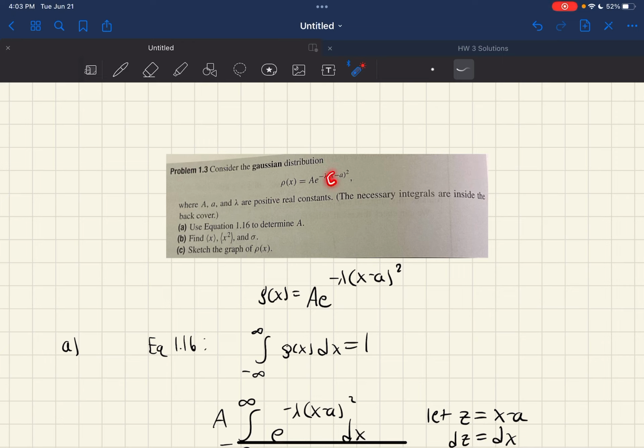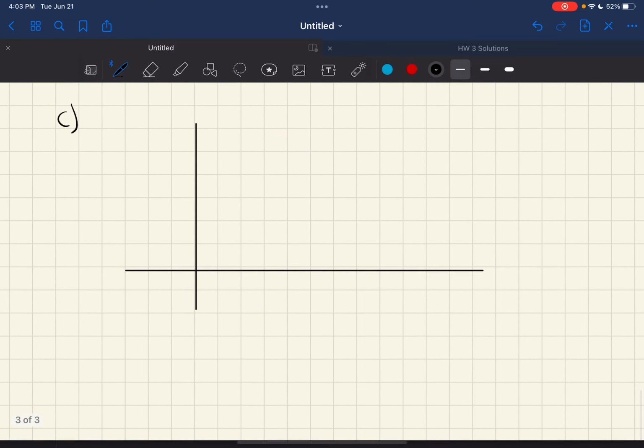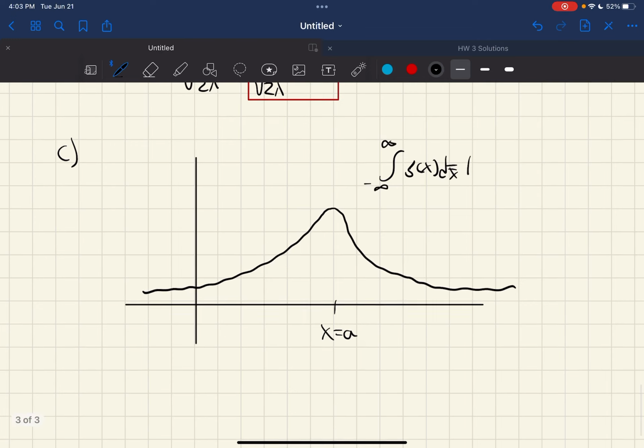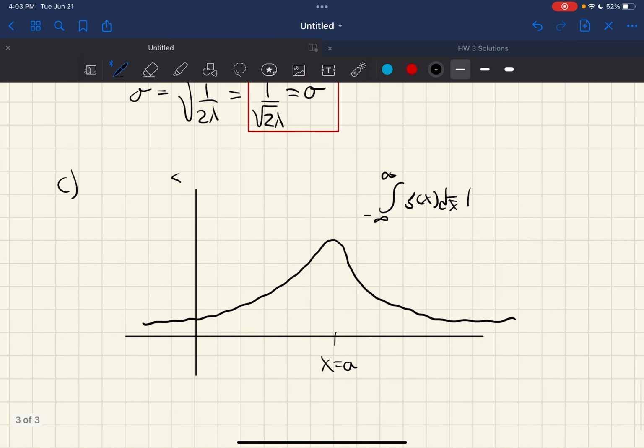So when x equals a, this whole exponential term is 0, e to the 0 is 1, so rho sub x is maximized when x equals a. So when x equals a, this is going to peak, and it's just going to be a Gaussian distribution like this. And if we integrate this over all space, we should get 1. So that's what rho sub x looks like.